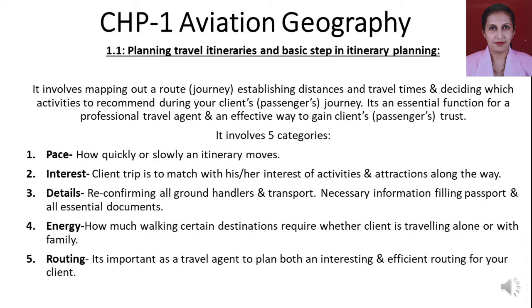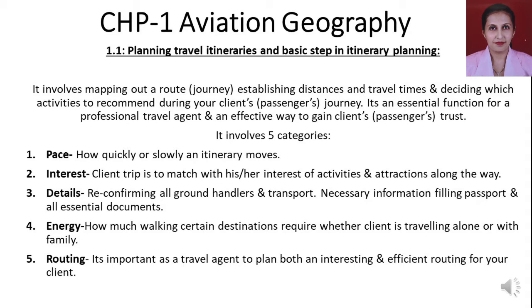In my earlier video, I had spoken about aviation geography and a subtopic, planning travel itineraries and basic steps in itinerary planning. So we learned how to make a travel itinerary or a booking and what are the 5 categories that are involved in it, that is space, interest, details, energy and routing.